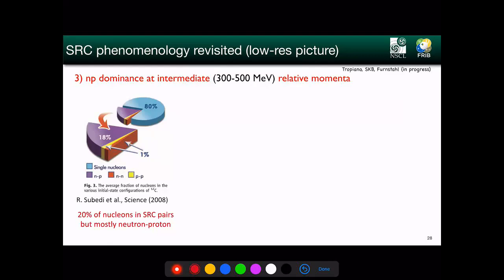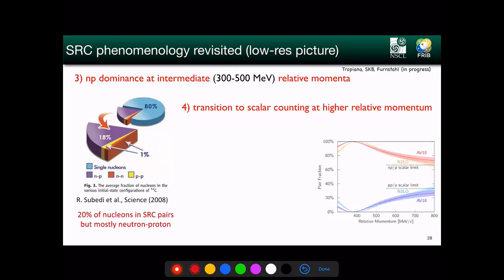Okay, what about this NP dominance at intermediate relative momenta, and then the transition to scalar counting at higher momentum as you move from the tensor force to the repulsive core? So again, in the low resolution picture, it's actually simpler to see this because the many-body calculation is completely irrelevant.